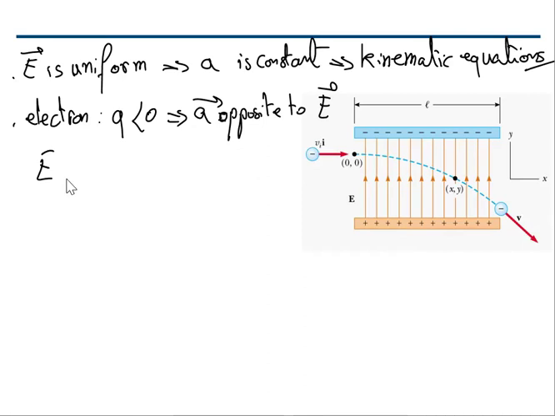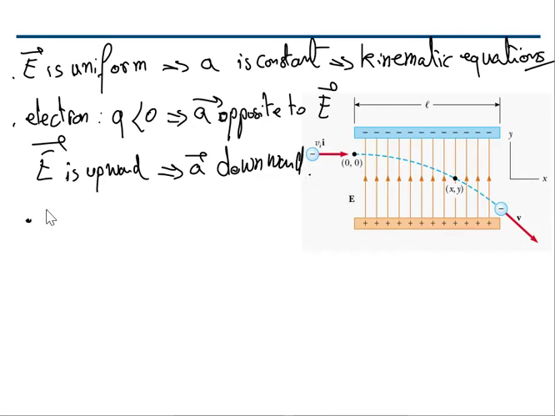E is upward, that means A is downward. Good. Let's write the equations of motion. Upward means we have y. We don't have x, so that means we will write the equation of y.